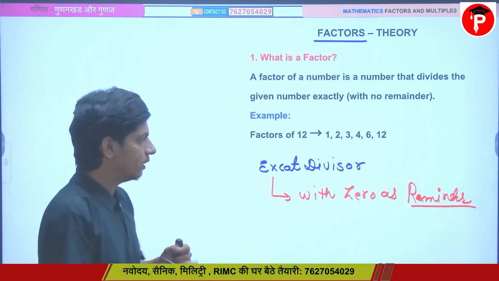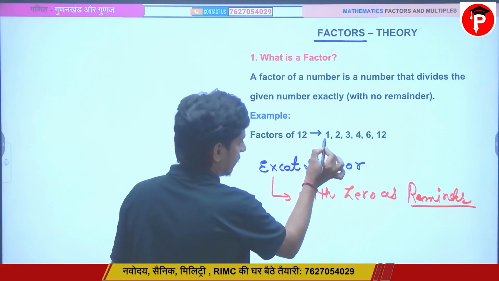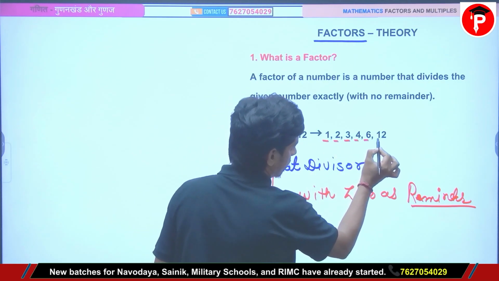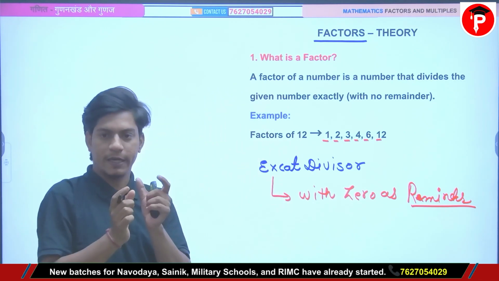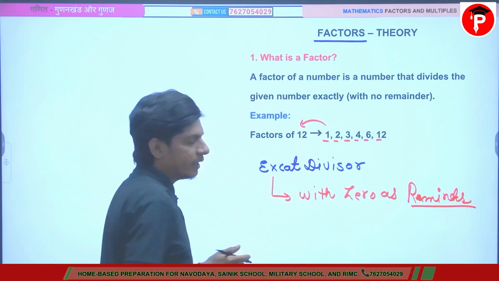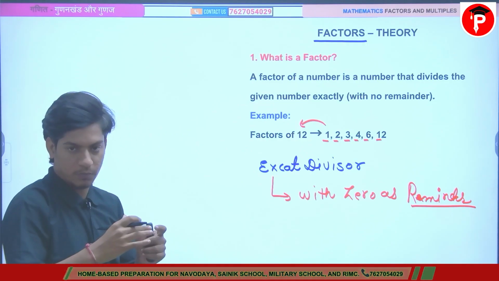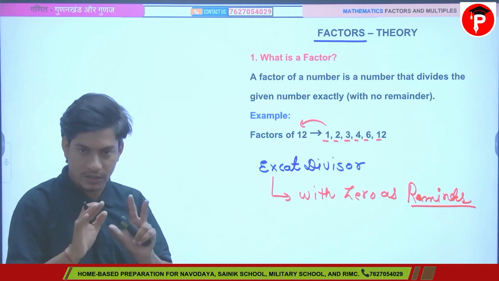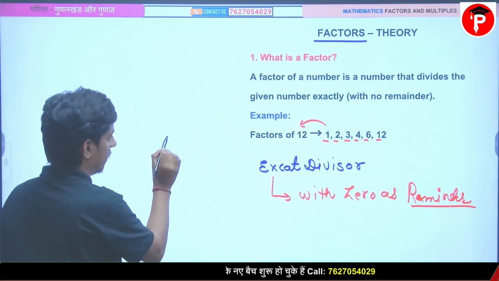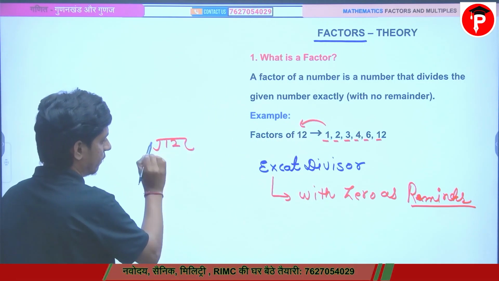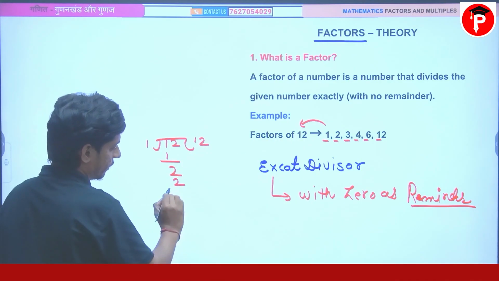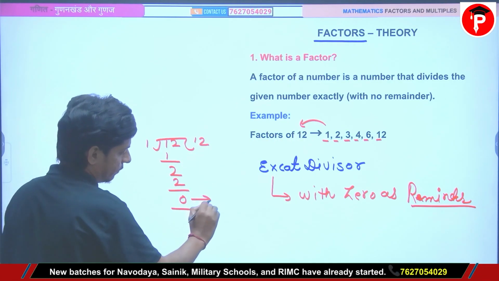For example, it is given that the factors of 12 are 1, 2, 3, 4, 6. If you divide 12 by all of these numbers, you will get 0 as remainder. It means no extra remainder; the division will be complete. If we divide 12 by 1 or by 2, the remainder is 0.